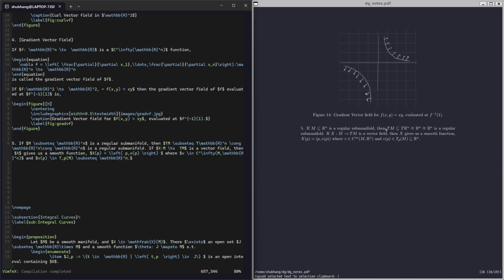It's a tangent space TP. Yeah, it's a subspace of Rn, TP Rn.